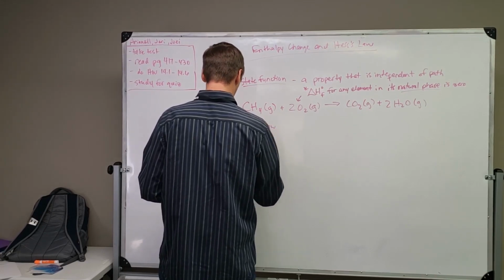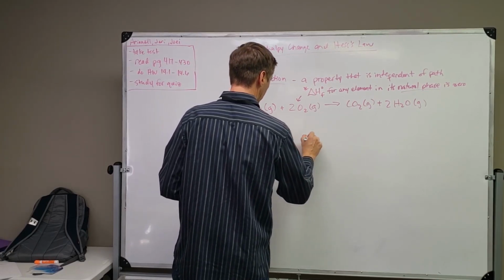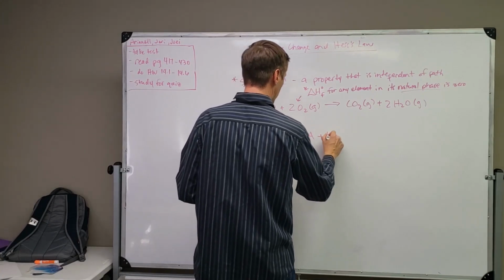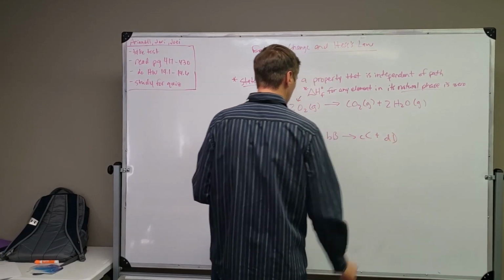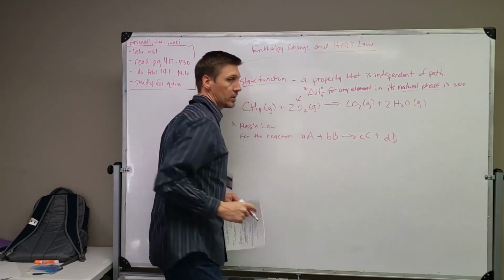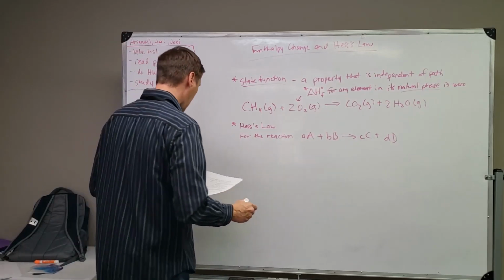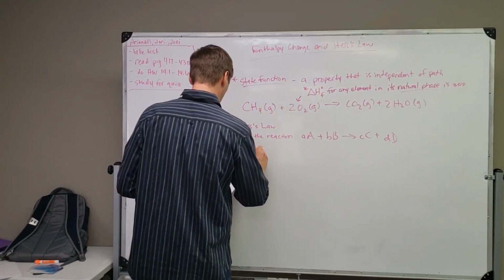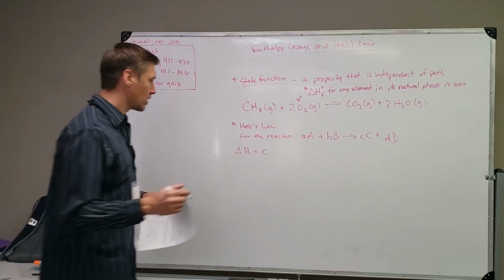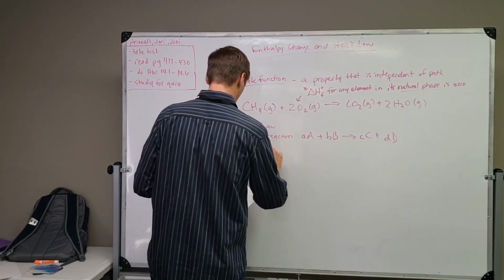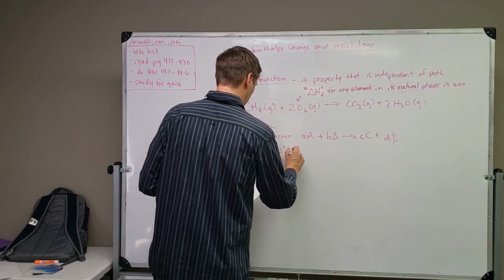Hess's law says that for the reaction, if we have a reaction that we write down as little a big A plus little b big B yields little c big C plus little d big D, where the little letters represent the number of moles and the big letters represent whatever the compound is in the reaction, then we can say that change in H is basically the sum of the standard enthalpies of the products minus the sum of the standard enthalpies of the reactants.